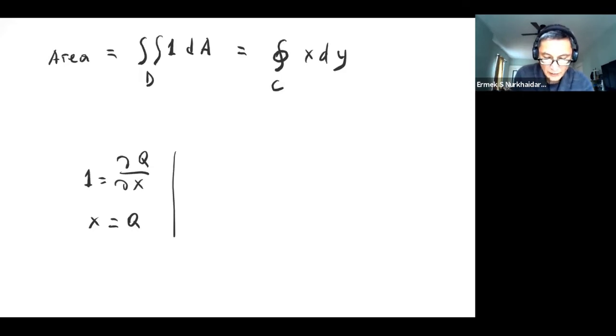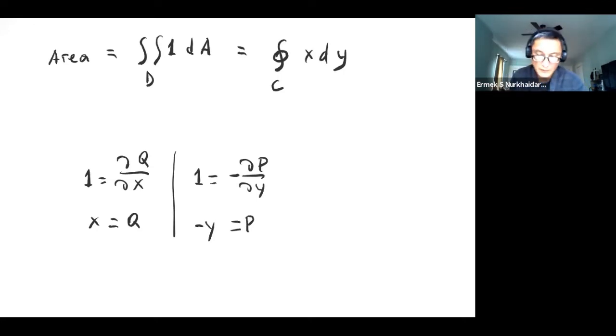Or you can pretend that 1 equals negative dP over dy, then you get P equals negative y. So you can also get, if you want, the integral over C of negative y dx.